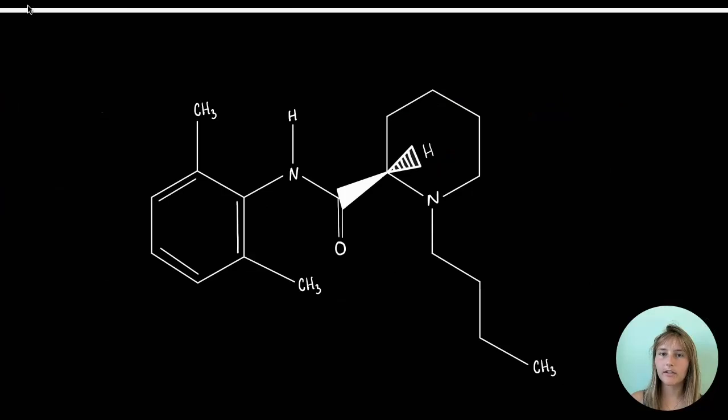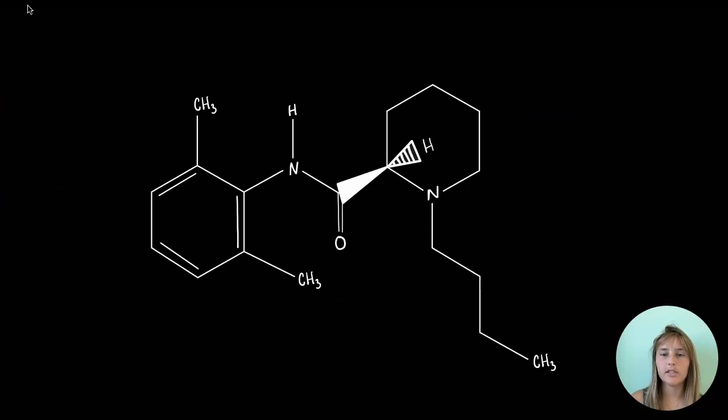Then we want to determine the configuration of this molecule, if it's R or S configuration. So we're going to look at this wedge and dash model and determine the priority of the attached groups. Hydrogen is going to be the 4th priority, or the lowest priority, because it has the lowest atomic number. And then nitrogen is going to be the number 1 priority, the attached nitrogen, because it has the highest atomic number, so it's the most important.